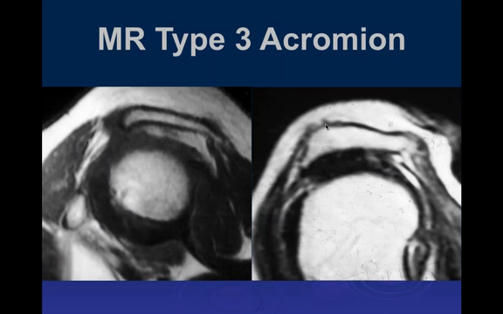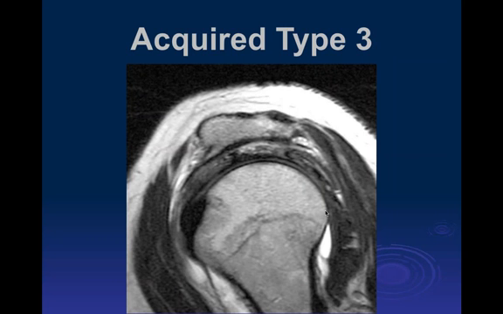The original shape of the acromion was here, and this is a developed osteophyte, probably due to traction from the coracoacromial ligament that inserts along the acromion in this location. These abruptly narrow the space between the acromion and the humeral head and can traumatize the supraspinatus tendon in the space in between. So this would be considered high risk for acromial impingement when you have a type 3 acromion.